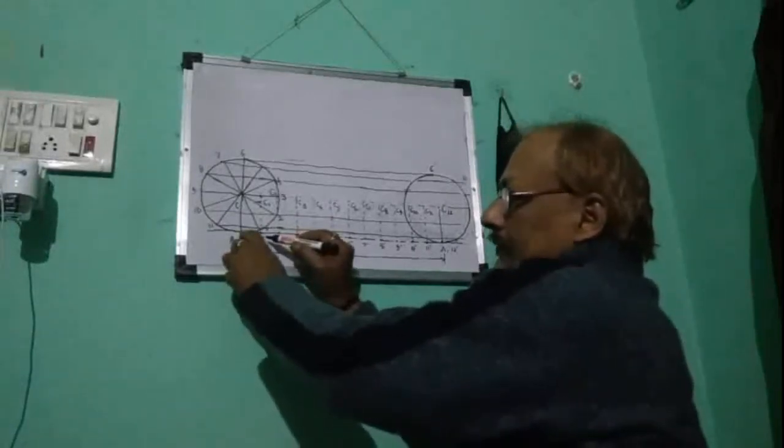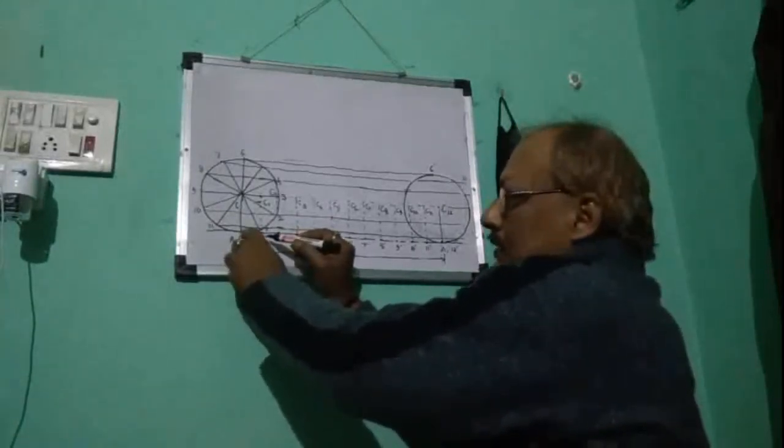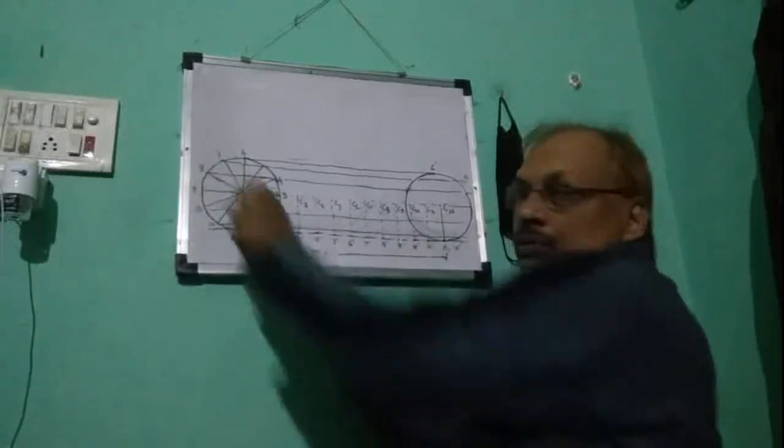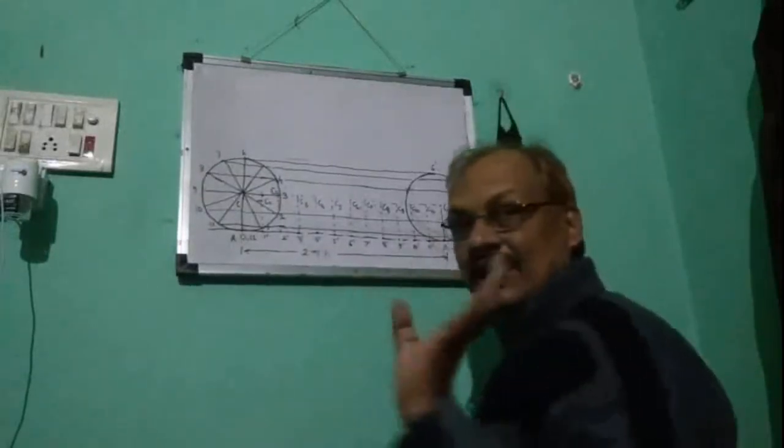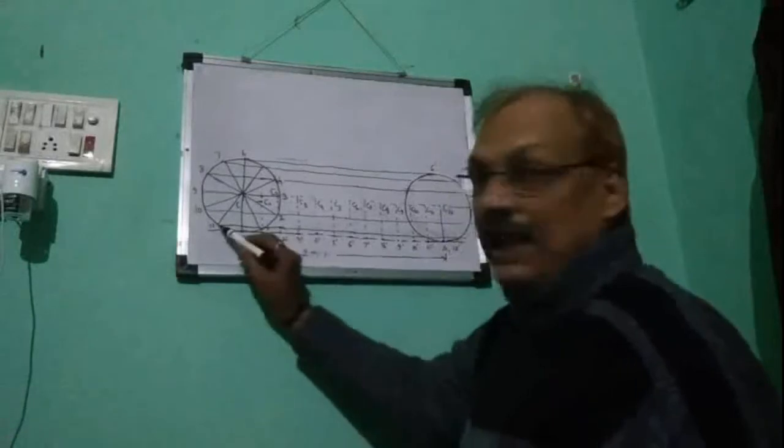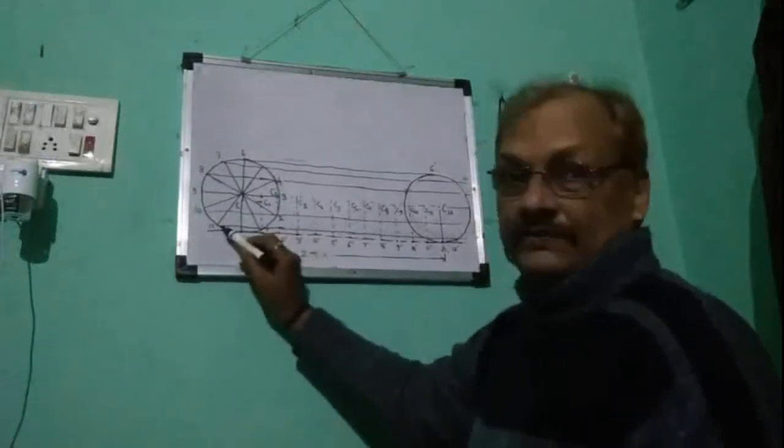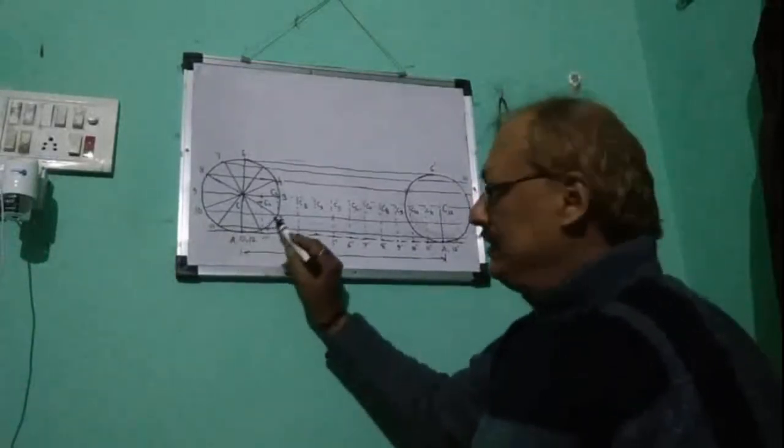So A, which was 0 or 12, will rise to the same horizon, meaning A will be on the line joining 1 and 11.